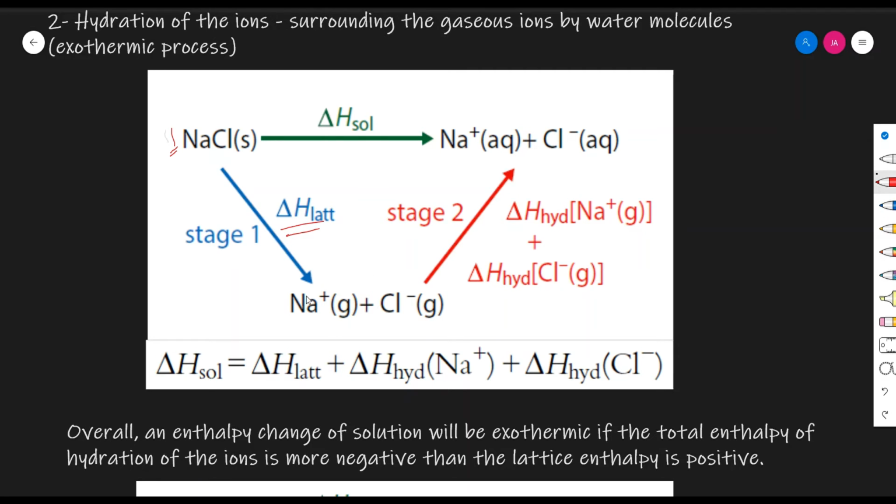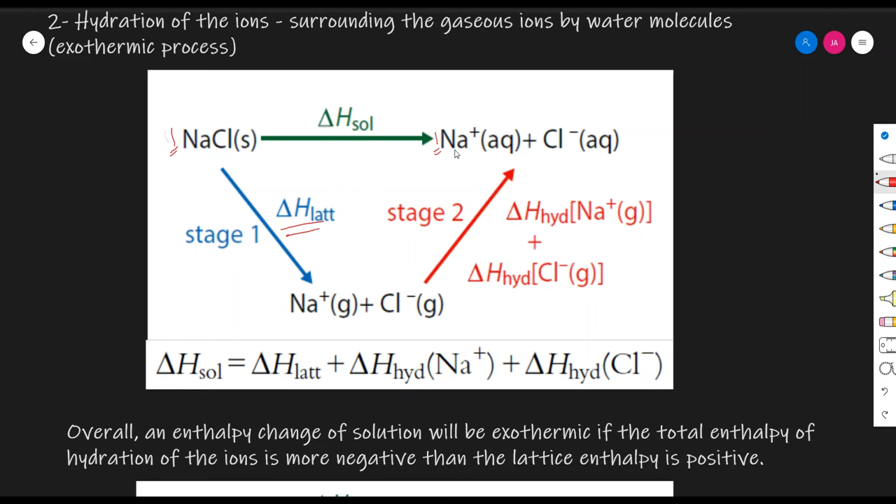The next stage would involve these gaseous ions dissolving in water or being solvated by water molecules, which would represent the enthalpy change of hydration of these ions. Thus, this arrow actually represents two arrows, the enthalpy change of hydration of the cation as well as the anion, keeping in mind the molar ratios over here.